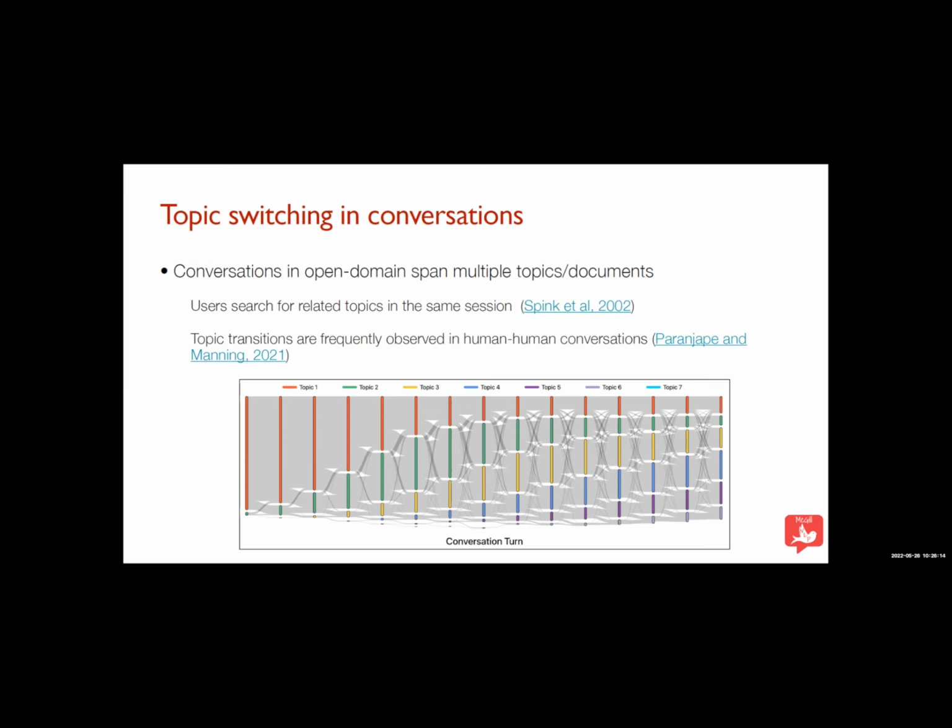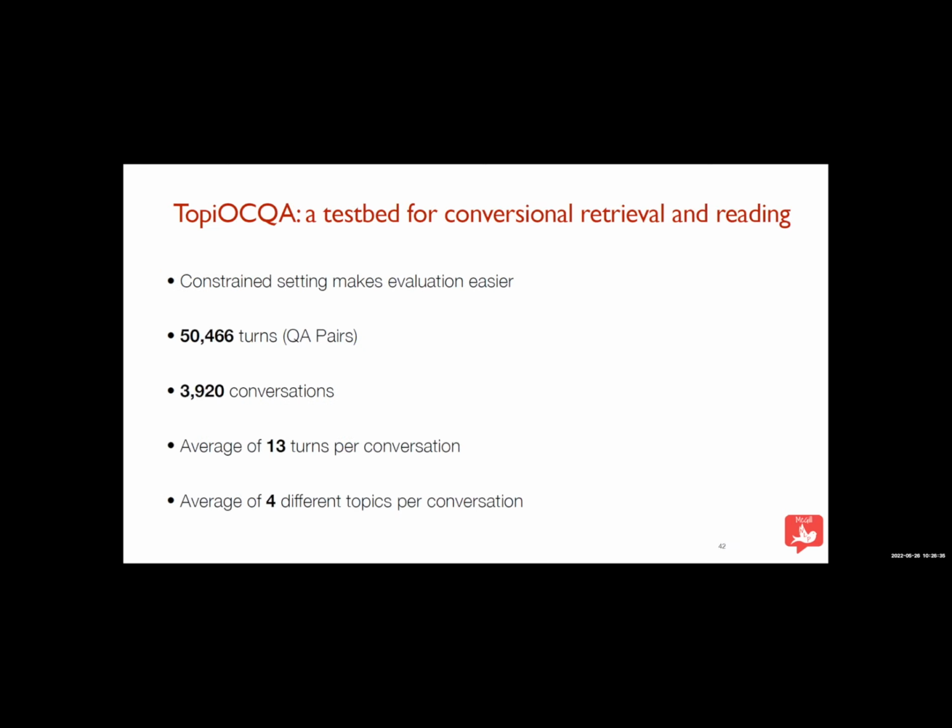If you see the chart here, someone is talking about topic 1 for the first 4 or 5 turns, and then they switch to some other topic. It's not a completely different topic. They drift away to a different topic naturally. And so on. You see that there's topic transition. So in reality, there are around 4 or 5 topic transitions per conversation.